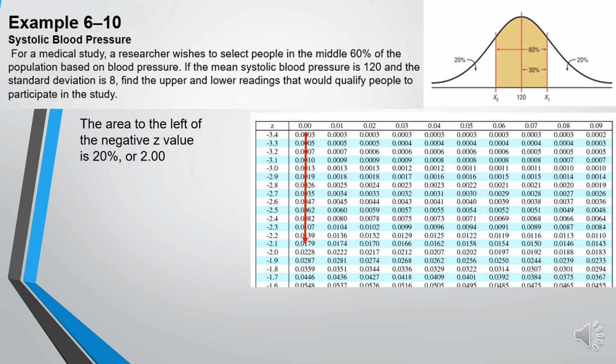Next, the area to the left of the negative z value is 20%, or the corresponding z value is 2.00. So next we need to find the value of x sub 2, wherein the negative z value of the corresponding 2.0 is equal to 0.0228.